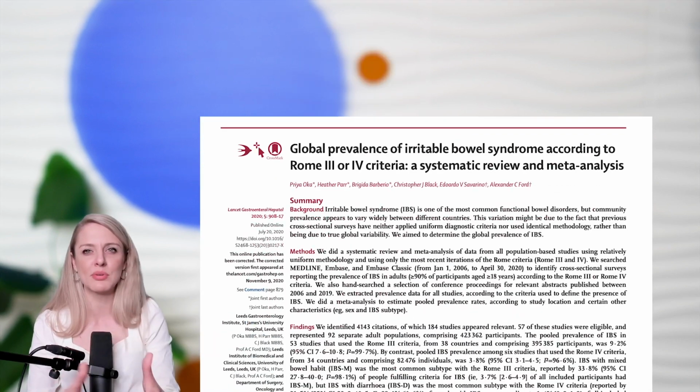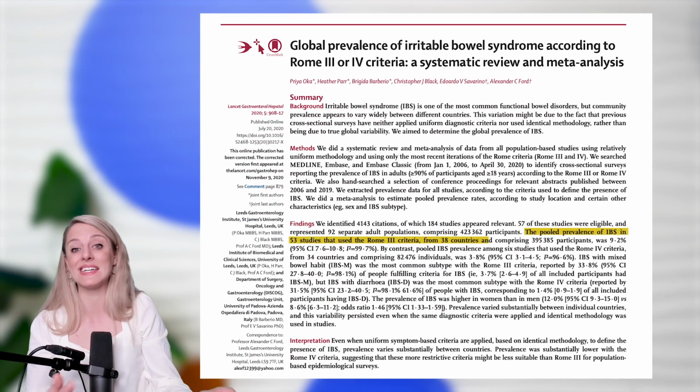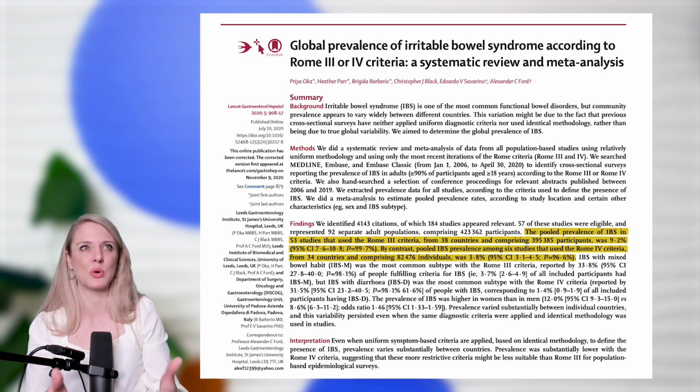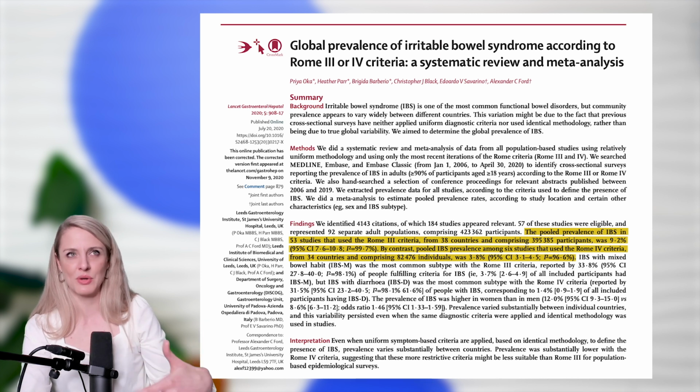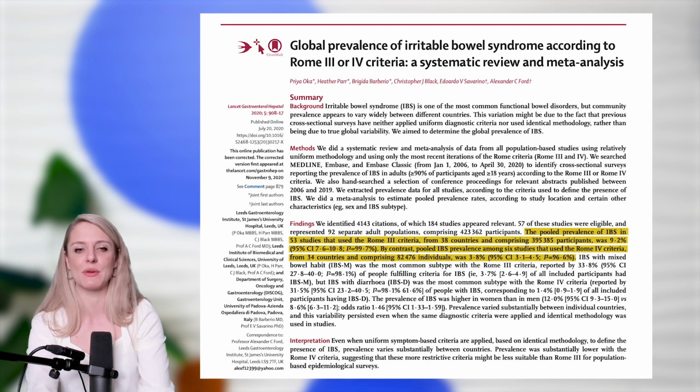So for IBS, what we've seen is that global prevalence seems to fall around 4 to 9%. But in the US, it's a little bit higher. It's more like 9 to 10% of the population having IBS. So pretty common. And then when it comes to IBD, you run into the same issues of there being some variance by region, but it's much less common.